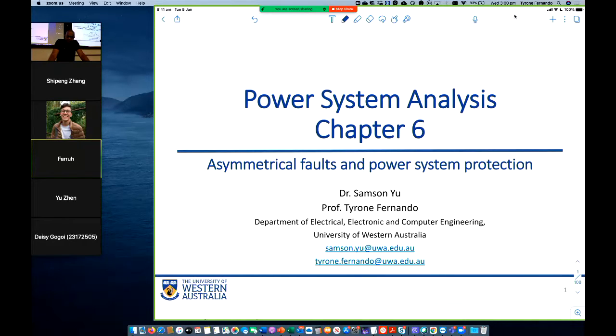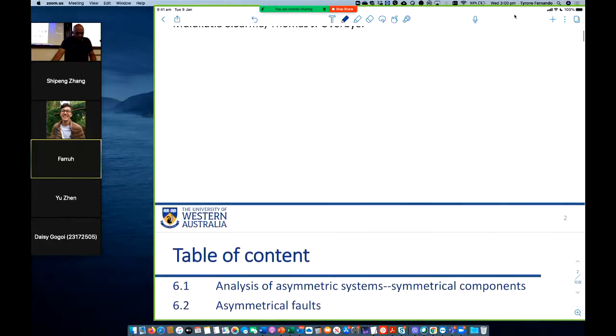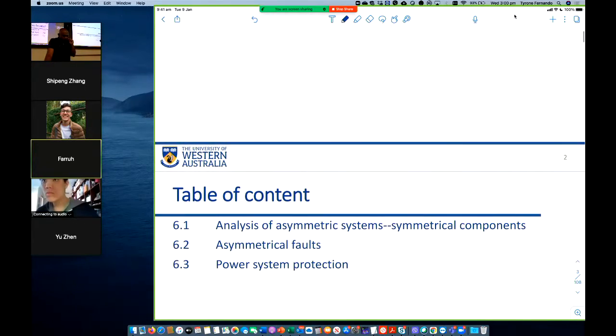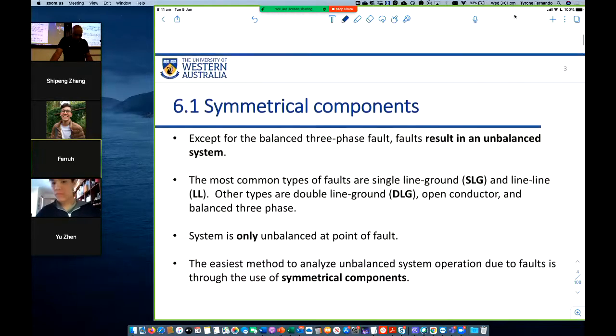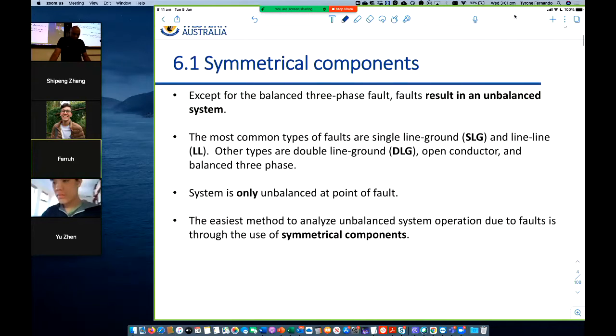In Chapter 5, we've looked at symmetrical faults. In other words, three-phase to ground faults. They are symmetrical. And today we're going to look at the other types of faults which are asymmetrical. So the asymmetrical faults are a single line to ground fault.